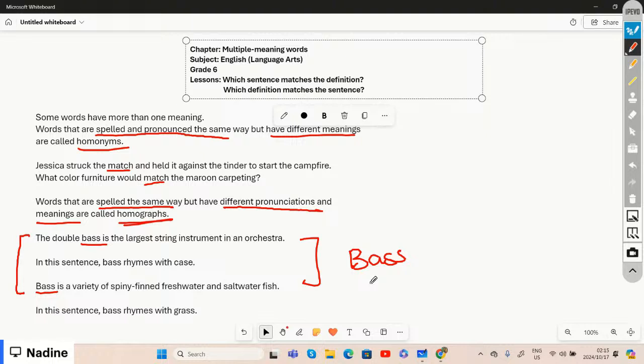If we look at a few words that are either spelled the same way, pronounced the same way, or not pronounced the same way, where the meanings are different, look at the word bat. You get a bat, which is either a cricket bat, softball bat, or tennis bat.